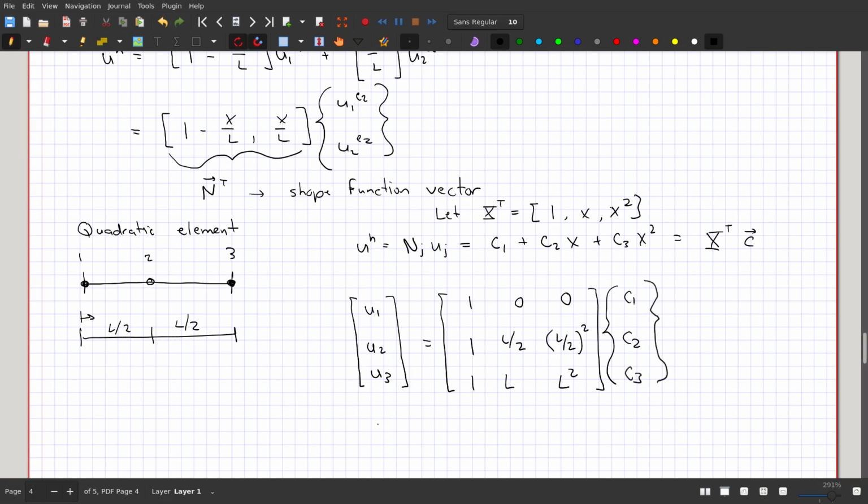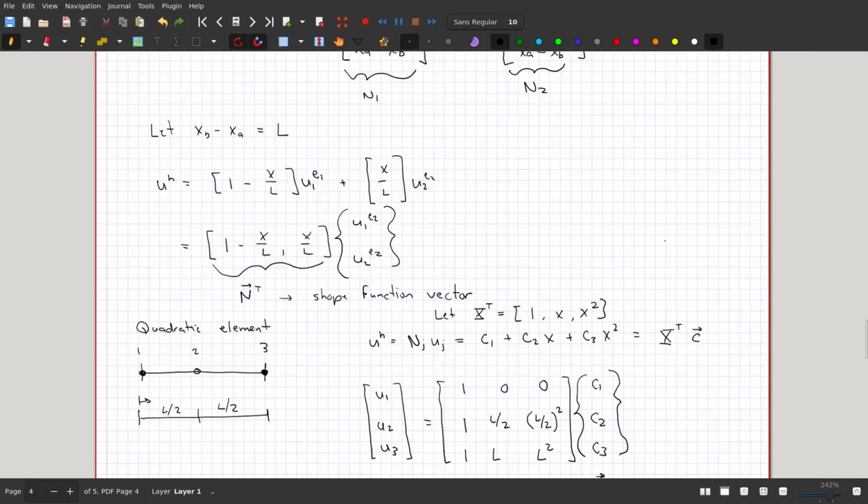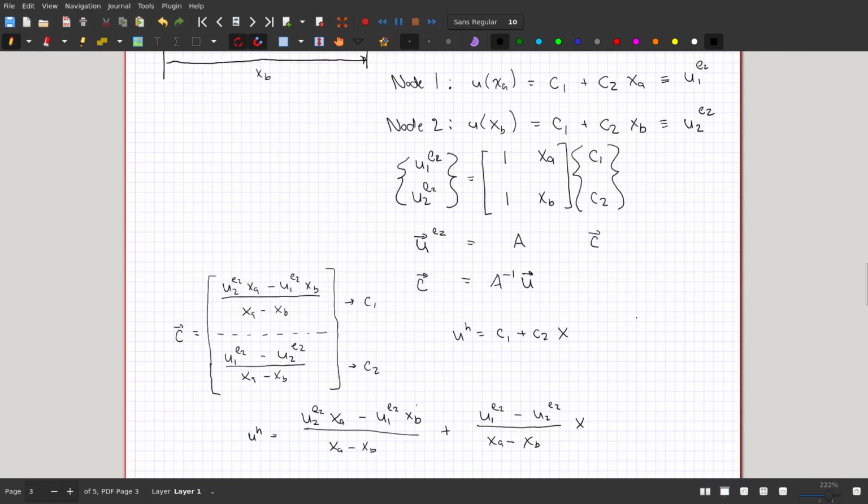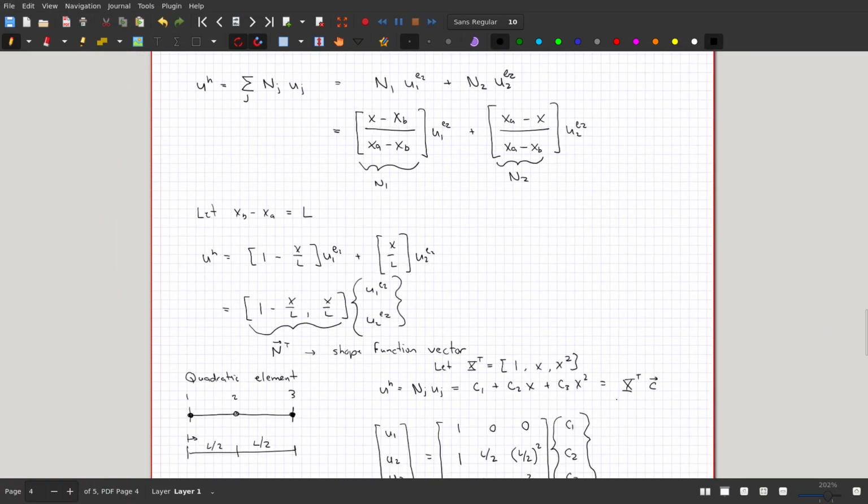In matrix form, this will be U is equal to A times C. We wrote that up here too, so it's just doing that now for the quadratic case.